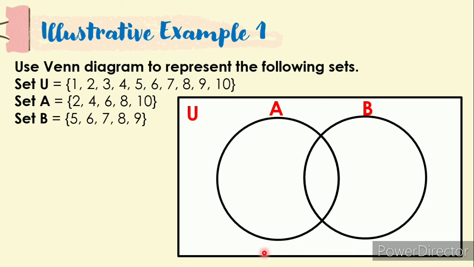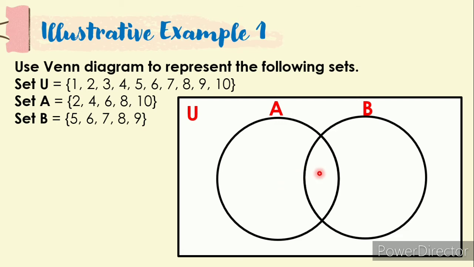Let's have the first example. Use Venn diagram to represent the following sets. So we have the universal set 1, 2, 3, 4, 5, 6, 7, 8, 9, and 10. Set A is equal to 2, 4, 6, 8, 10. Next, we have set B is equal to 5, 6, 7, 8, and 9.